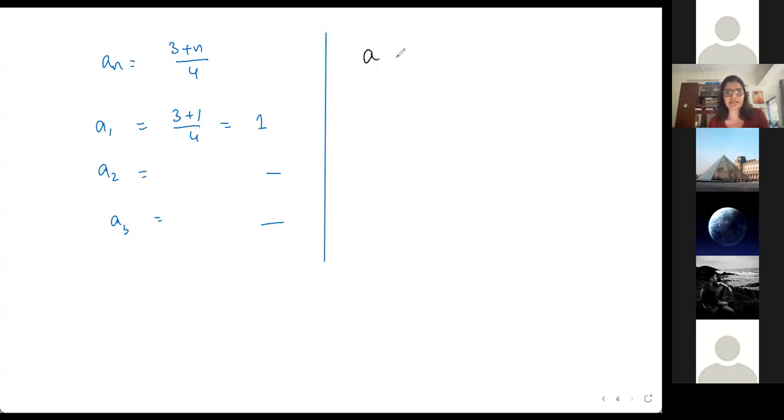I can write this as an is equal to 3 by 4 plus n by 4. So that will be an AP with common difference equal to 1 by 4. Yes, because at every step it is increasing by n by 4.